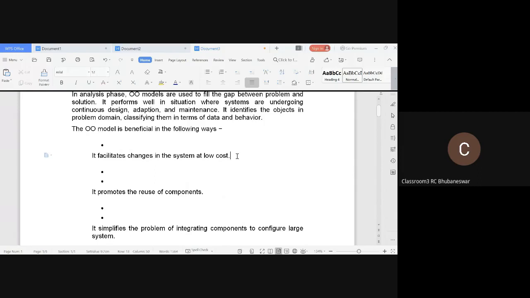But if after some modifications the same components can be reused in other phases also, which one would you prefer? Reuse, right? Yes, sir. So this facility is given by the object-oriented model.